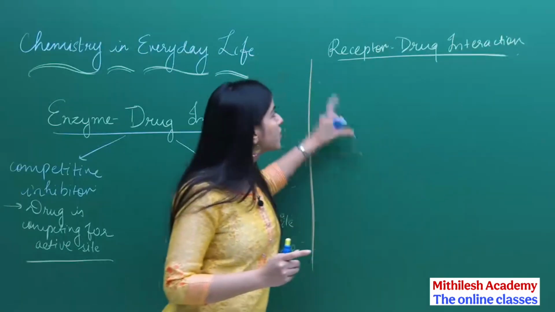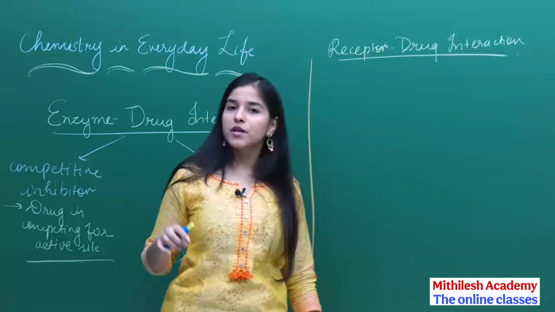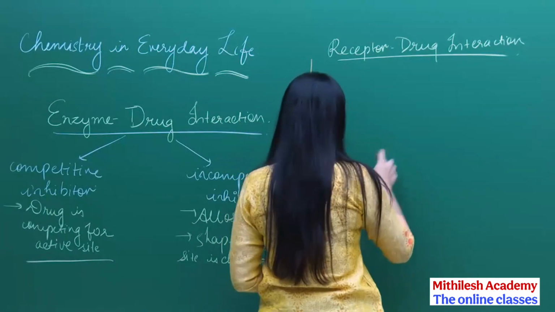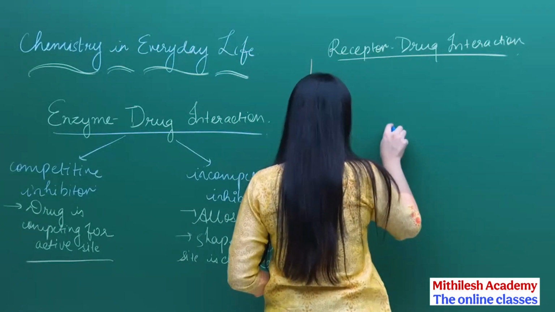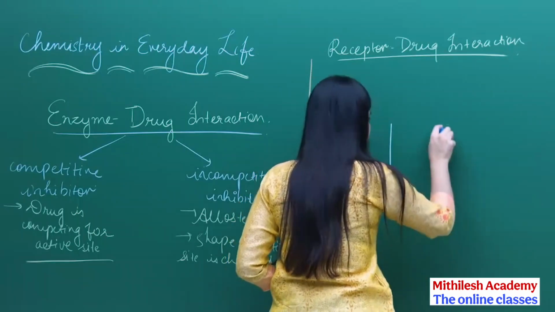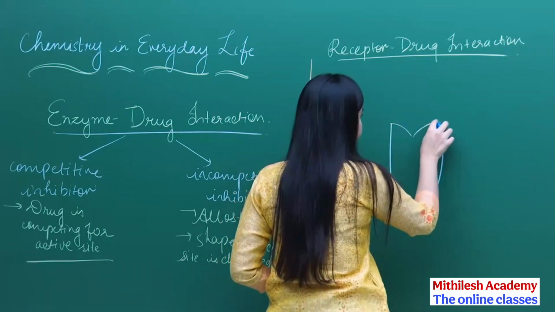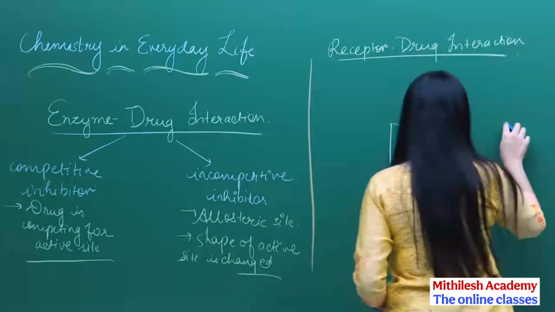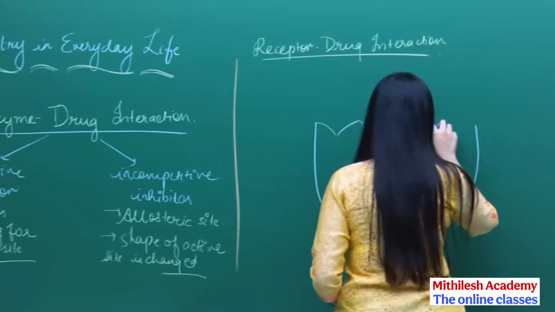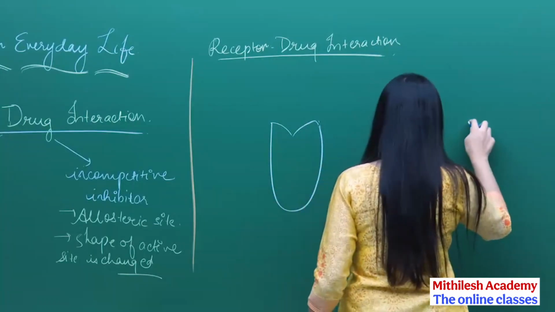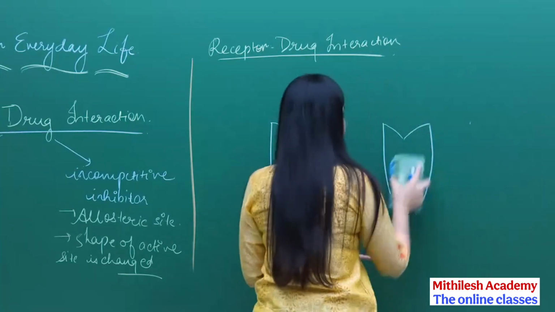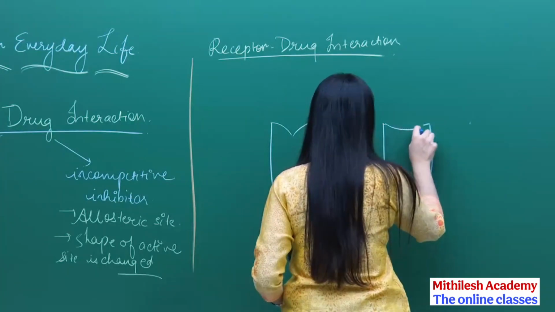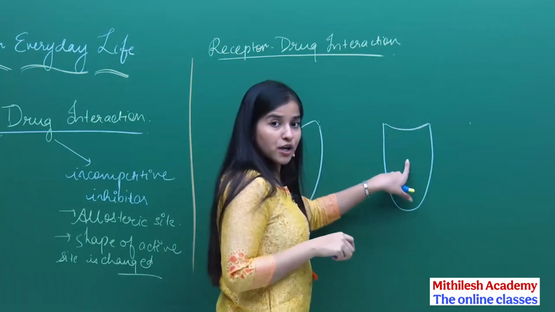So that is how the receptor is going to work. Let me just draw the kind of interaction it will be having with the drug. So just draw with me simultaneously. It would be something like this. First of all, I have got the receptor here. That is the kind of receptor we are dealing with. That is the next scenario. And over here, it would be a slightly changed shape. I am going to tell you in a moment why the shape has been changed.